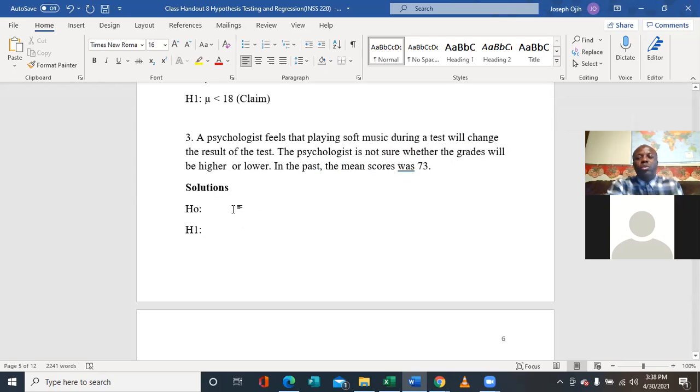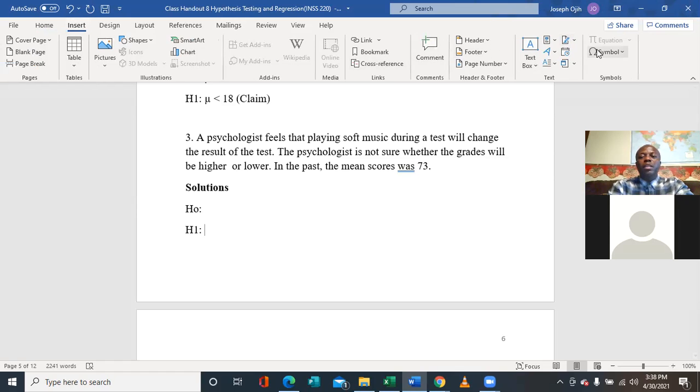We don't know, so here we're going to use the symbol mean not equal to, because we don't know whether it will increase or decrease. Whatever change it will be will not be the same as 73, but we don't know whether it is less than or greater than that. So we have 73, which is the claim that it will change.